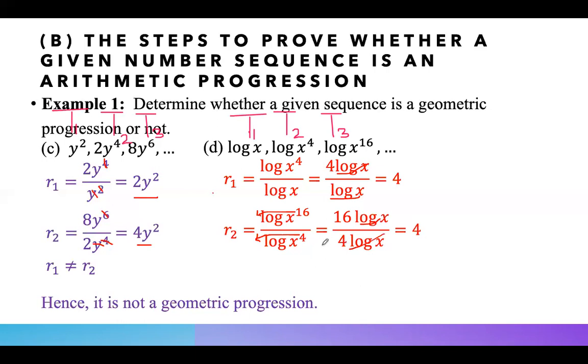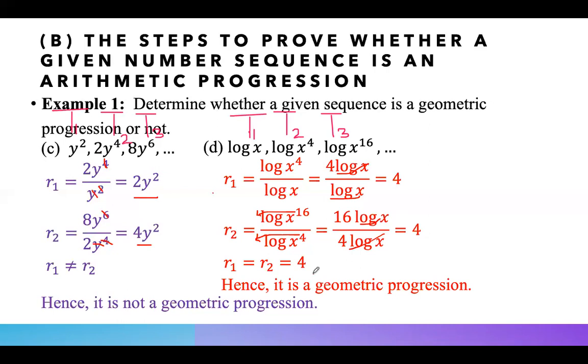Therefore, you can say that this sequence is a geometric progression, because R1 equals R2 equals 4. So they have the same constant, which we call the common ratio, and it is a geometric progression.